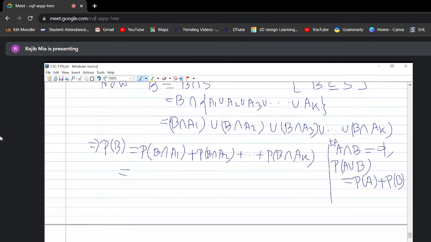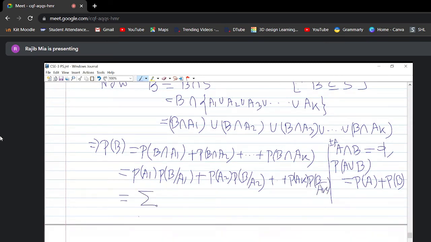Then use the multiplication law of intersection: probability of A1 into probability of B by A1, plus probability of A2 into probability of B by A2, plus dot dot, plus probability of AK into probability of B by AK.